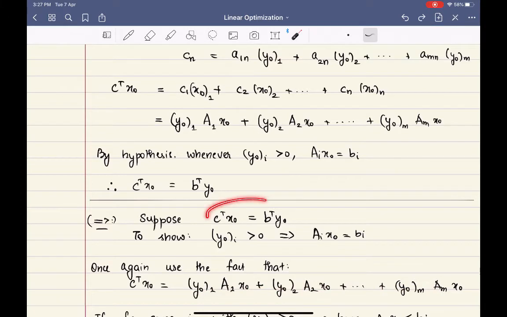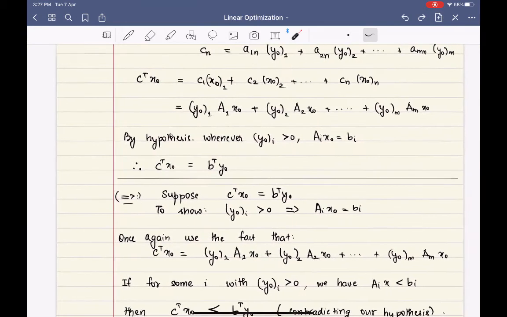Okay, and since it is not the case, each of them that is counted in the sum should be equal to bi. So that is why whenever we have y0i bigger than 0, we need to have the corresponding thing equal to bi. So this is what I have written here.